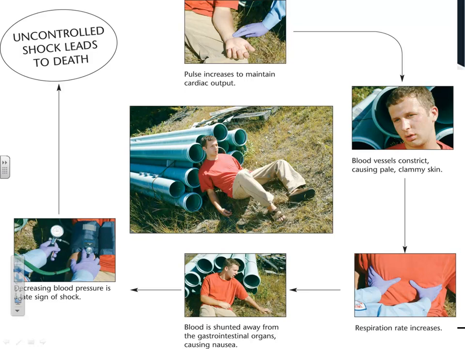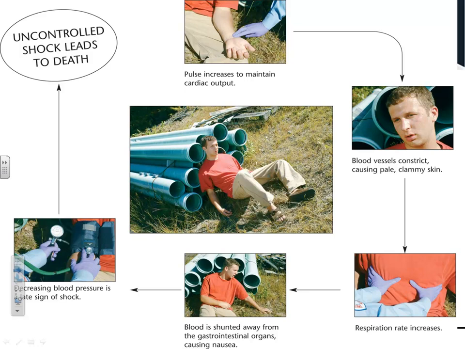Once the blood pressure starts to drop, then you're in decompensated shock. And if you don't catch it right then, you're looking at irreversible shock. Uncontrolled shock leads to death. So a lot of factors go into how bad your patient is and their level of shock.